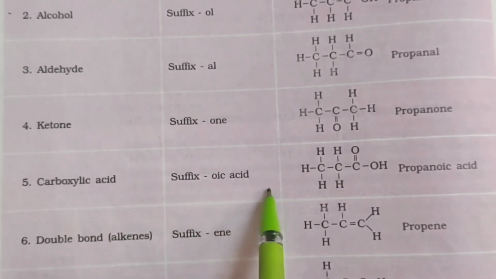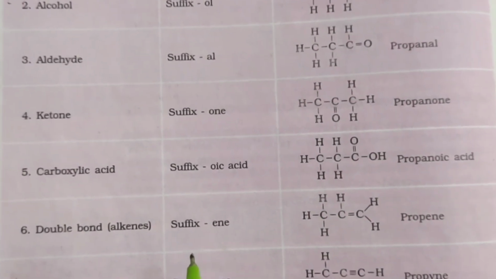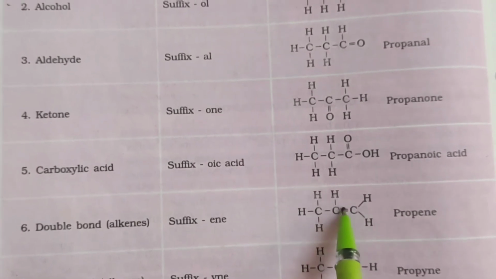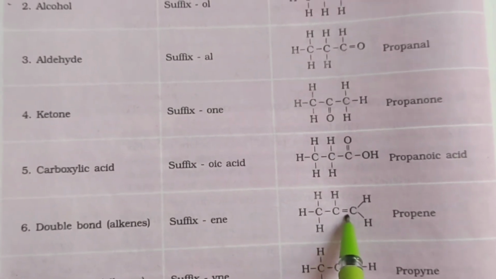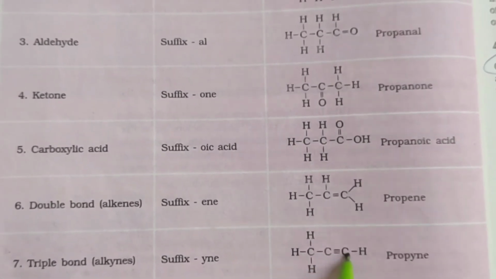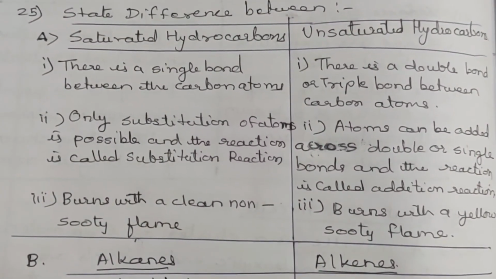Carboxylic acid, COOH, is the functional group in carboxylic acid. Double bond or alkene: in alkenes, double bond is between the two carbon atoms, and in alkynes there is a triple bond between the two carbon atoms.